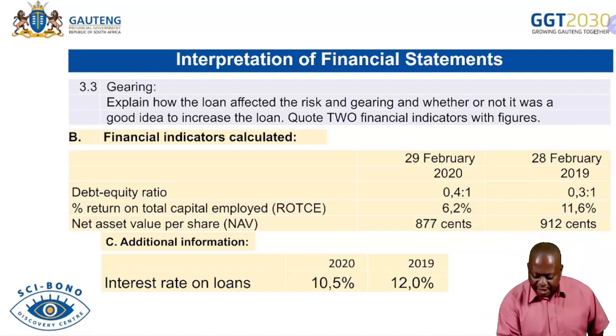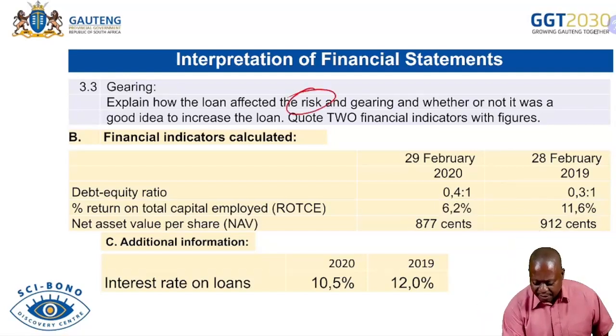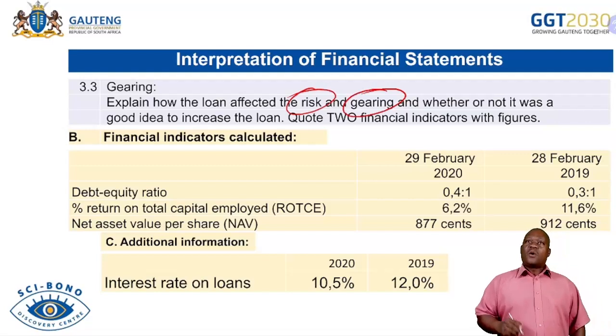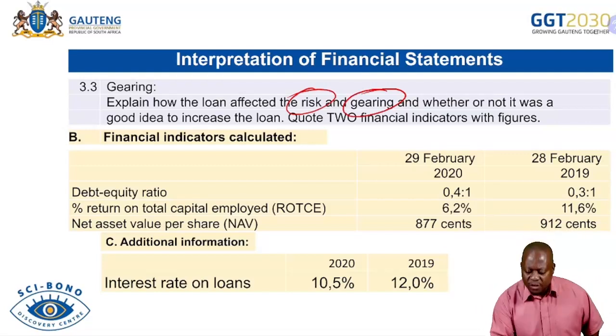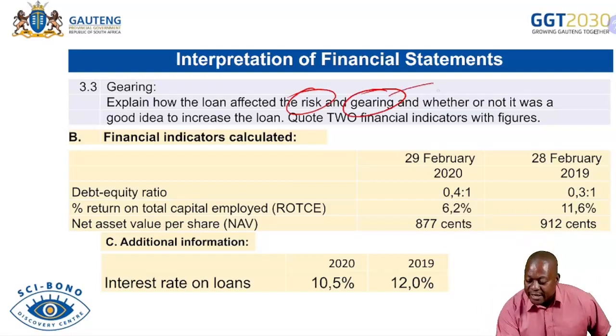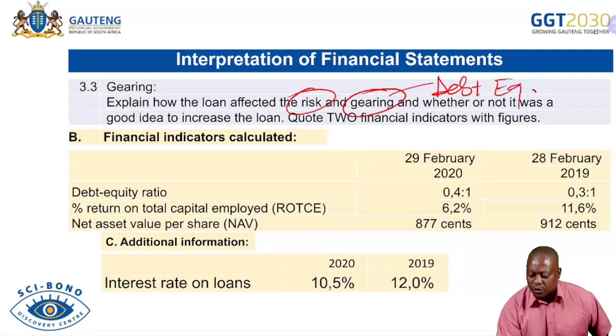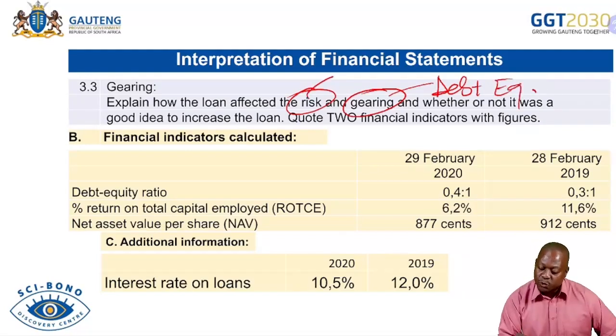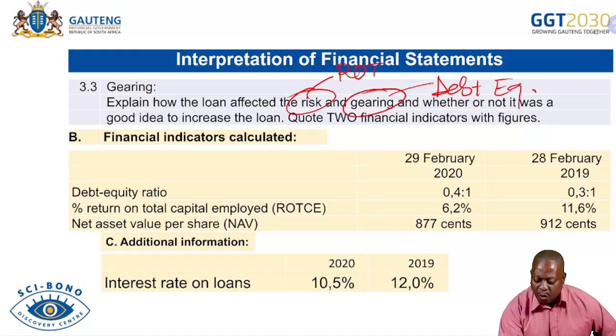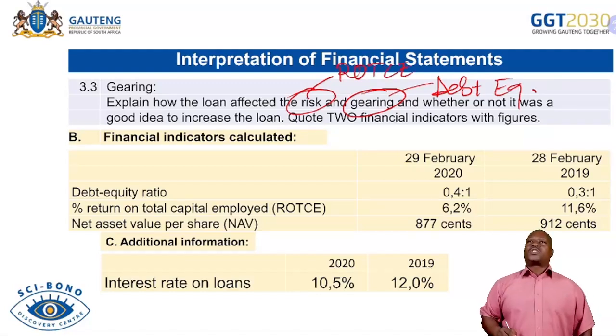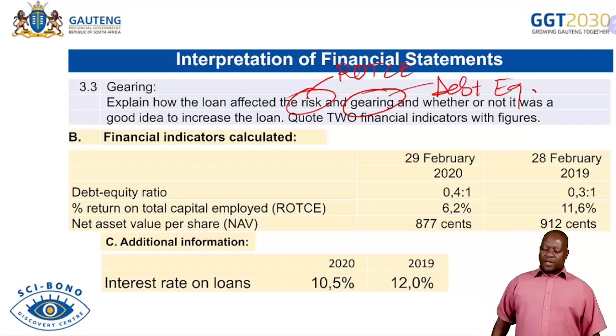Now, we are looking at two things here: risk, gearing. What is it that we are going to use to look into gearing? This is the debt equity ratio. But for risk, what are we going to be using to check on risk? This is our return on total capital employed.